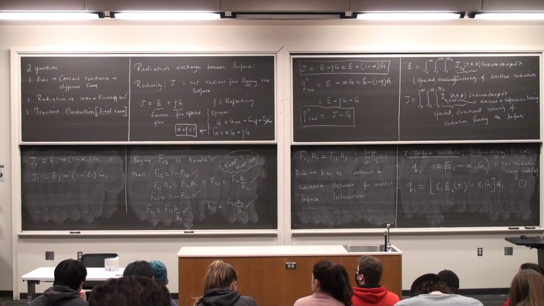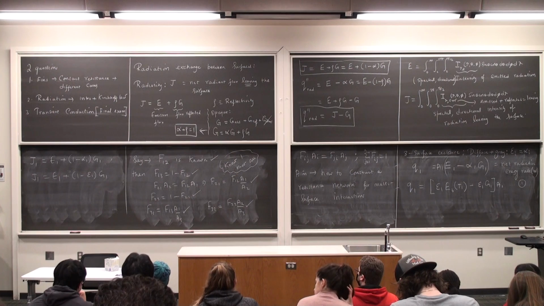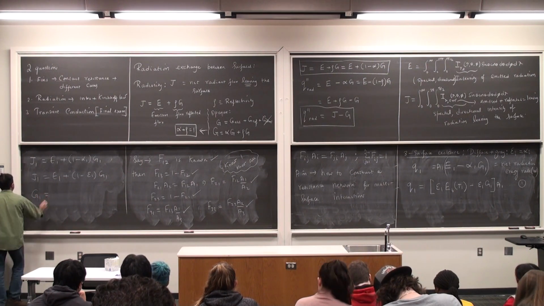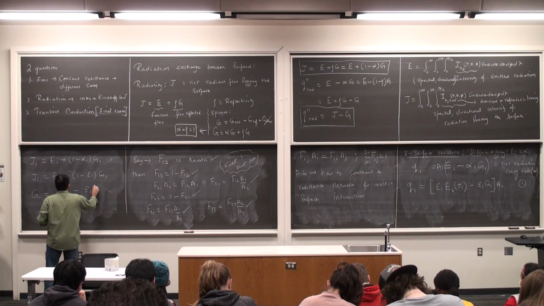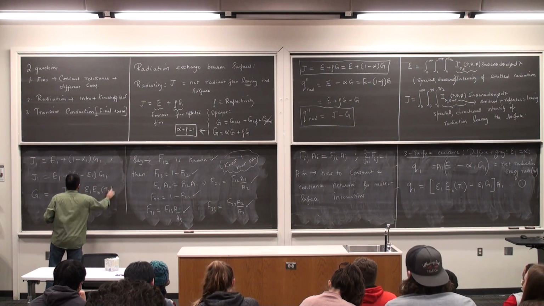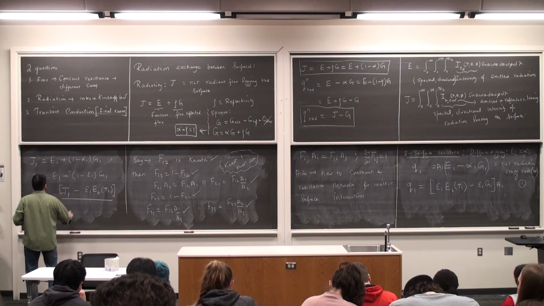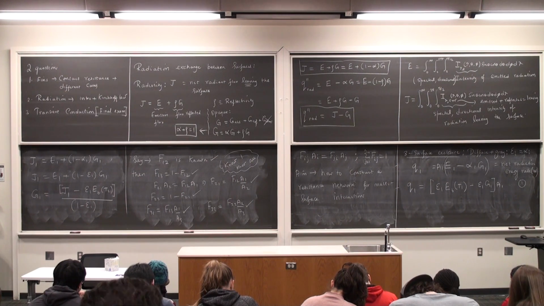Or G1 is written in terms of J1 and E1, but instead of E1 I can write epsilon 1 times EB at temperature T1, so I can say that G1 is J1 minus epsilon 1 EB at temperature T1, all of this divided by 1 minus epsilon 1. This is the equation 2.